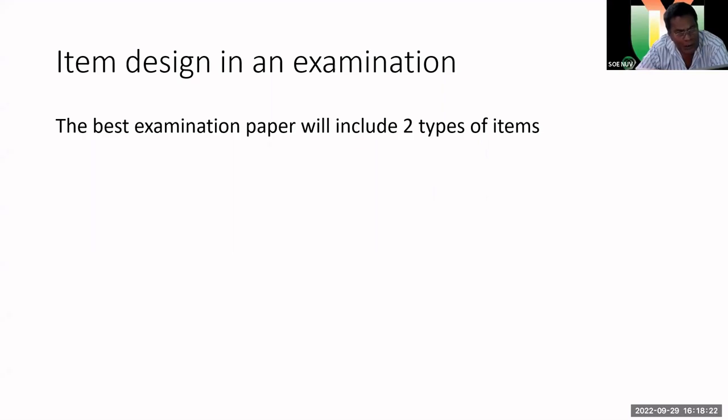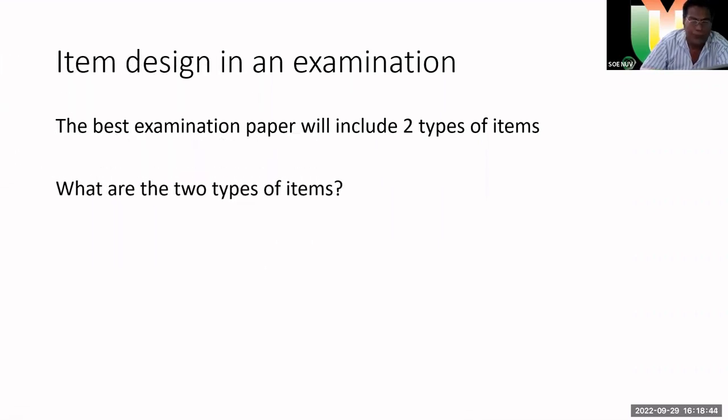I've uploaded the handout in your Moodle for, I think it's week 10 or week 8, I forgot. But there are 2 types of items in any examination, and the first one is called objective items.